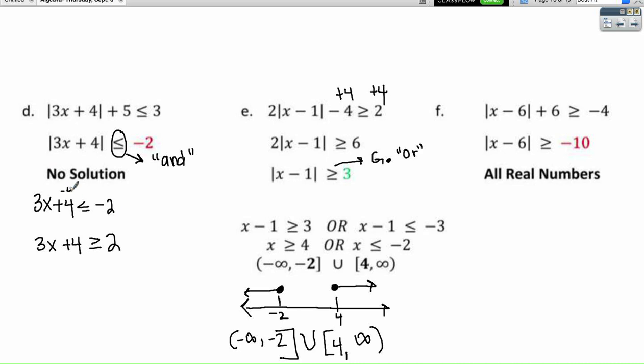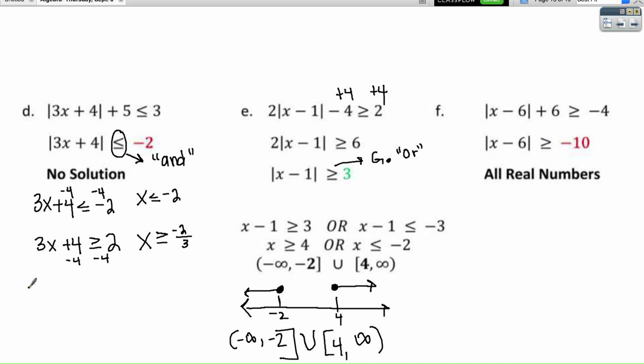I move the 4 over, which gives me negative 6, and then I divide negative 6 by positive 3, and I get x is less than or equal to negative 2. Do the next one, I subtract 4 from both sides. I get 3x is greater than or equal to negative 2. When I divide by 3 on both sides, I get x is greater than or equal to negative 2/3.